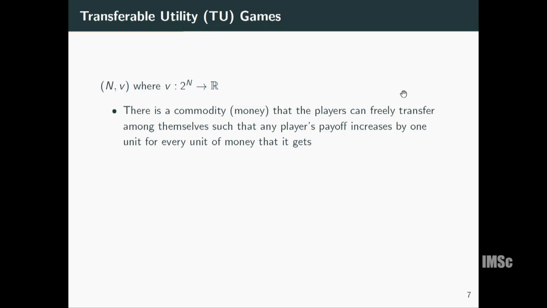Make sense? Okay. So, there is a money component here that players can freely transfer among themselves such that any player's payoff increases by 1 unit for every unit of money.